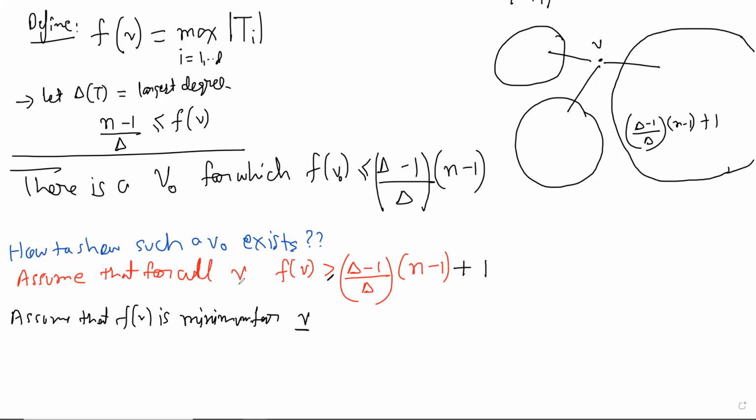So assume that the v that we have chosen here is the one for which f(v) actually is the smallest possible, and yet it is failing because of our assumption.